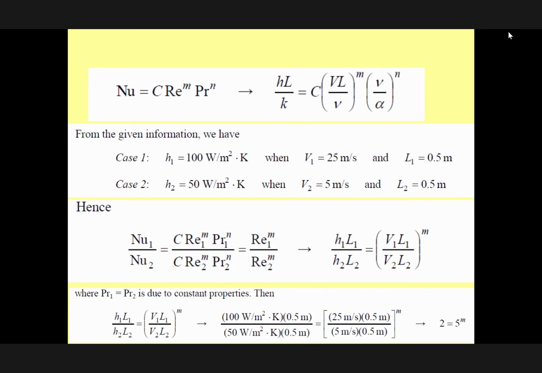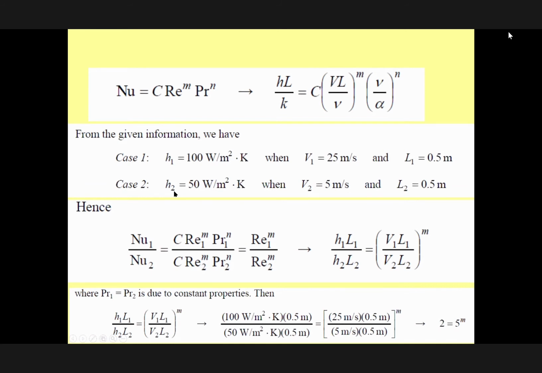And now you have the base two scenarios that use the calculated value of the M. But now he's asking us to calculate for a third scenario, we call it case number 3. We know the velocity and we know the length. In this case, the unknown is h3.